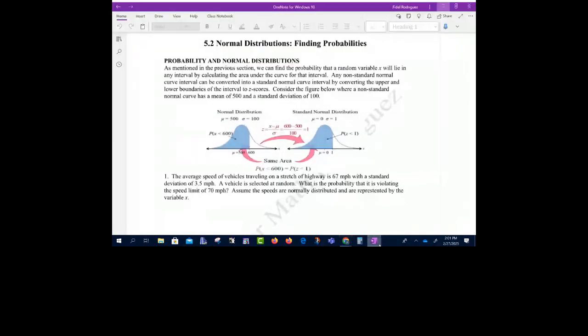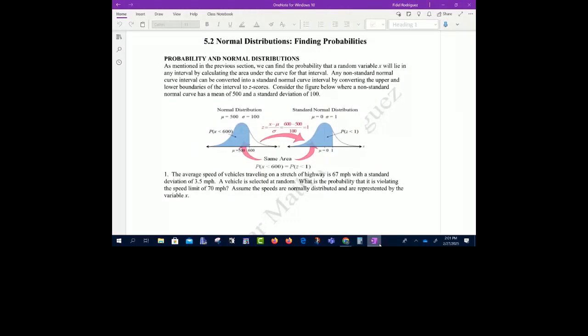Okie dokie, artichoke. So y'all, let's get started with 5.2. 5.2 is this idea called normal distributions, and we're going to be finding probabilities. When we were doing chapter 4, we were doing discrete probabilities. We were finding the probability of exactly 1 or exactly 2 or 3 or more, stuff like that.